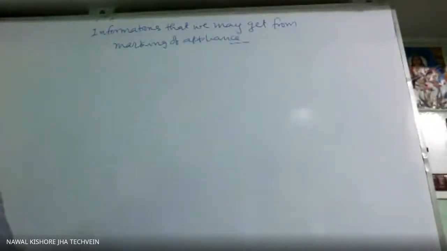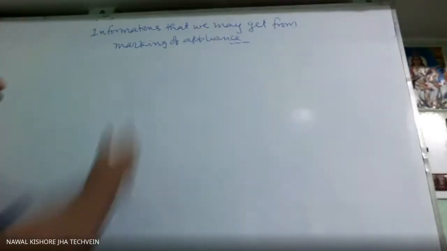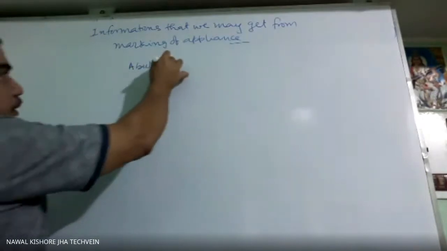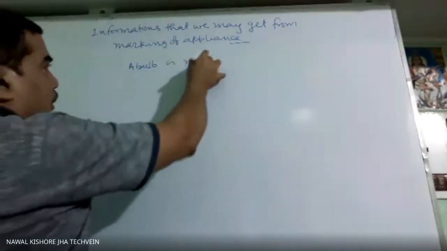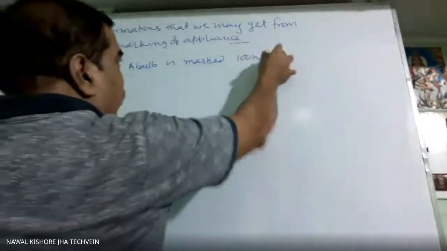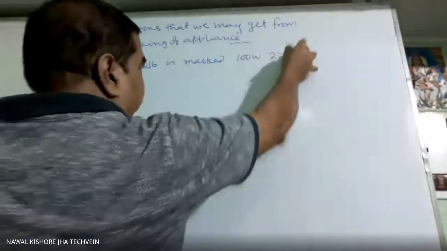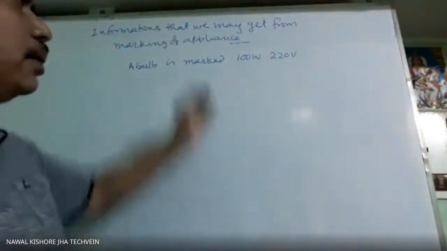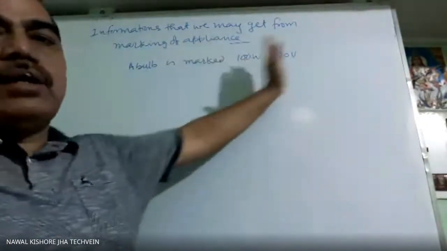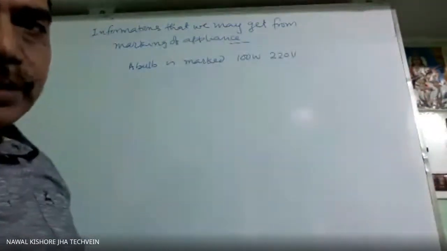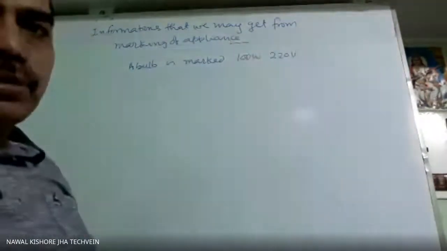So when you are going to purchase any appliance, suppose a bulb is there. A bulb is marked 100 watt, 220 volt, or an electric heater is marked 1500 watt, 220 volt. Generally, our power supply is 220 volt, so it is marked 220 volt.